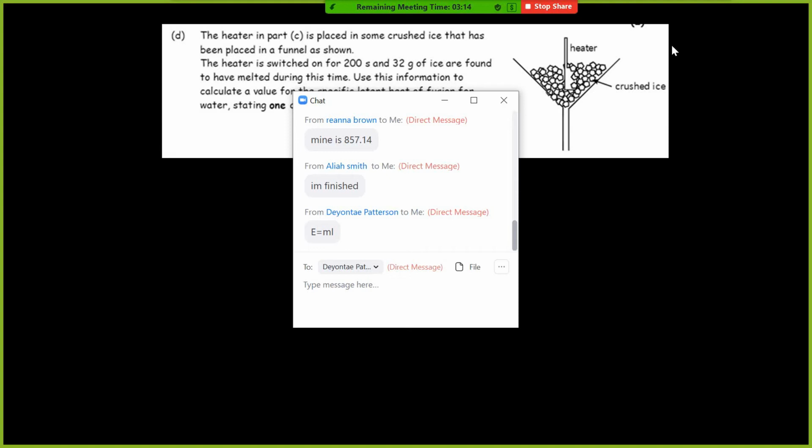Tell me what is E. Yes, I know that, but what is it going to be in this regard? My first question was, what kind of method is this that we're using to find the latent heat of fusion? Remember, there are different methods.